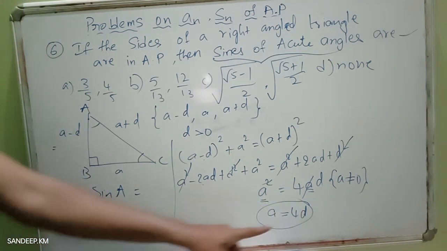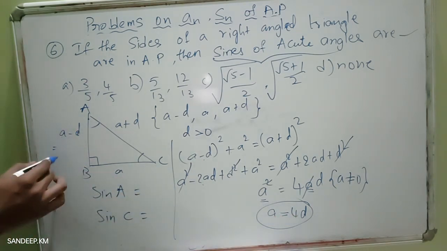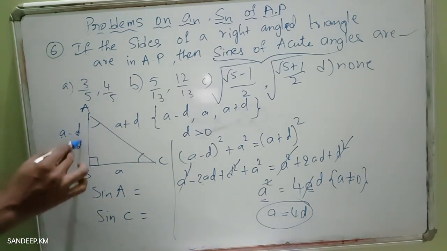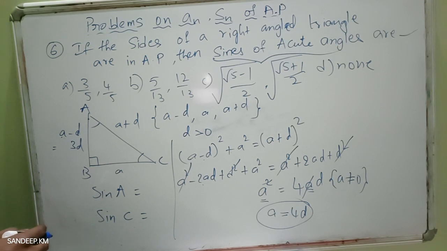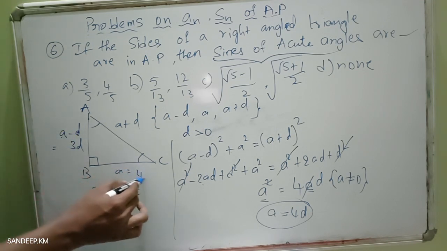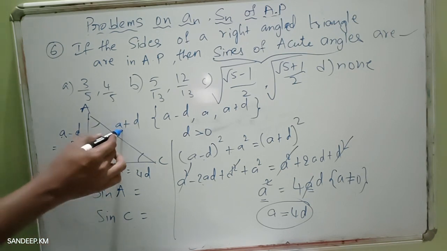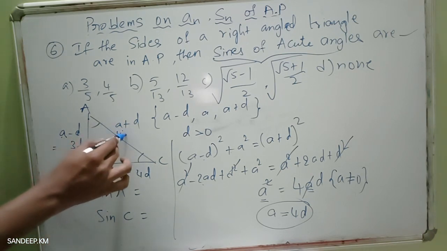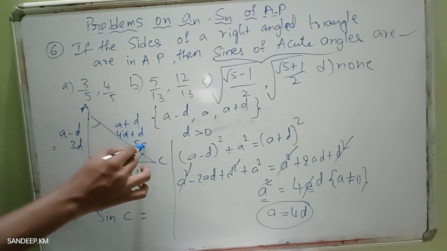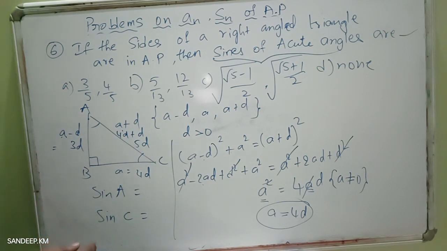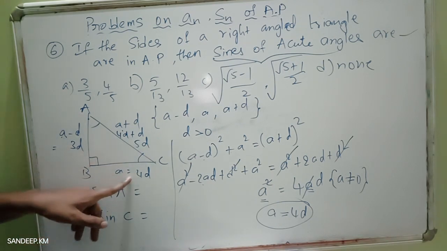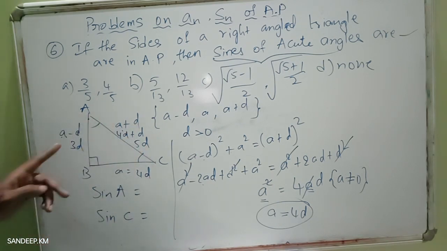A minus D means 4D minus D, which is 3D, correct? Next, A means 4D. Next, A plus D means 4D plus D, which is equal to 5D. Therefore, the three sides are 3D, 4D and 5D.